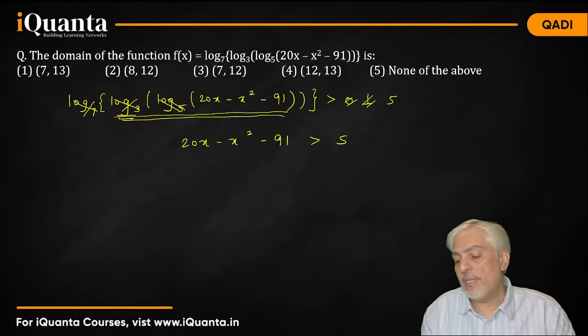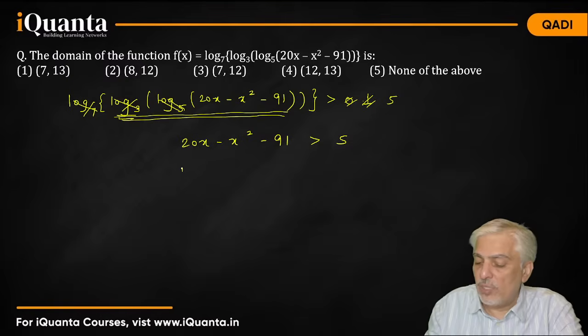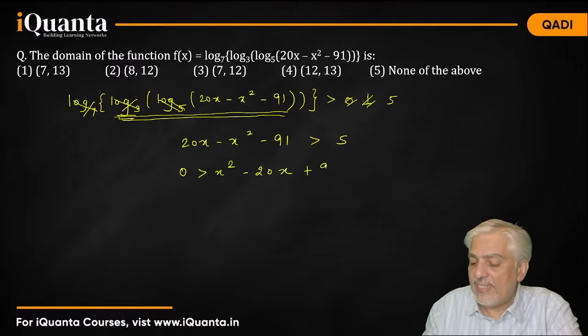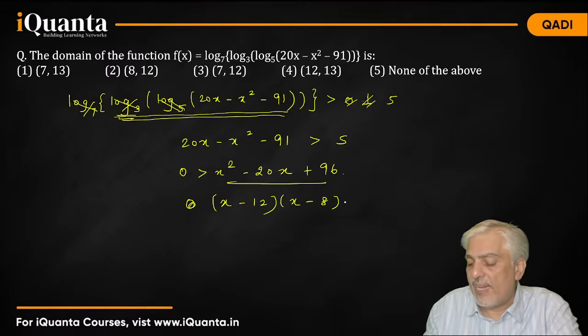20x minus x square minus 91 has to be greater than 5. So I'll get 0 is greater than x square minus 20x plus 96. So factorizing this, x minus 12 into x minus 8 has to be less than 0.